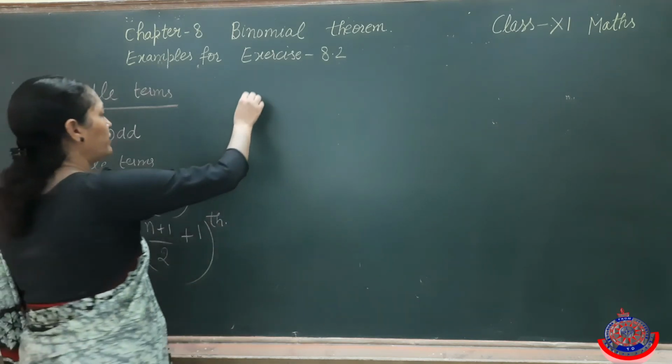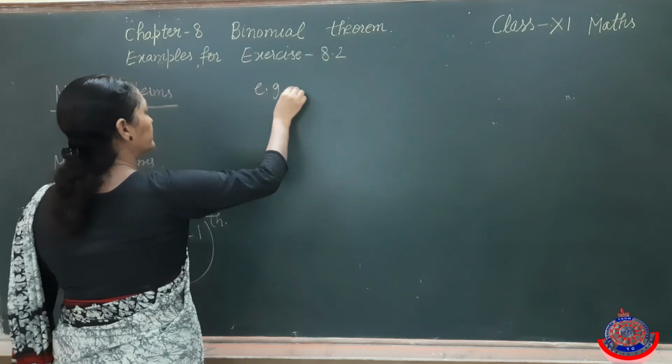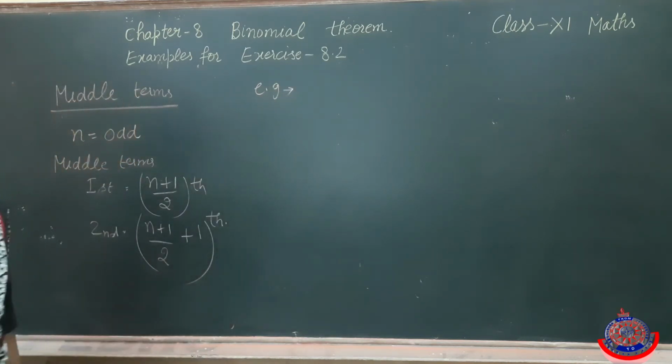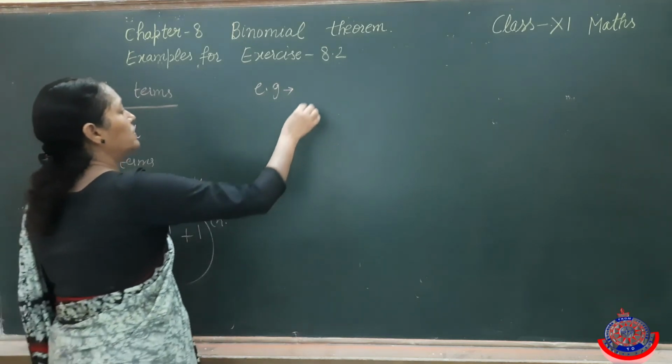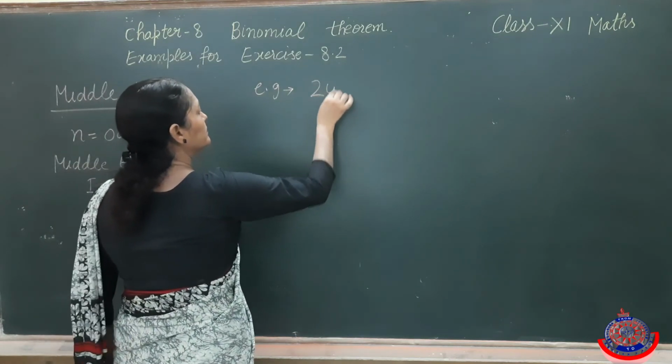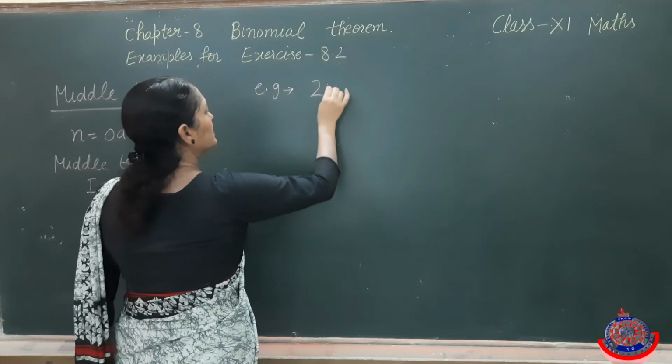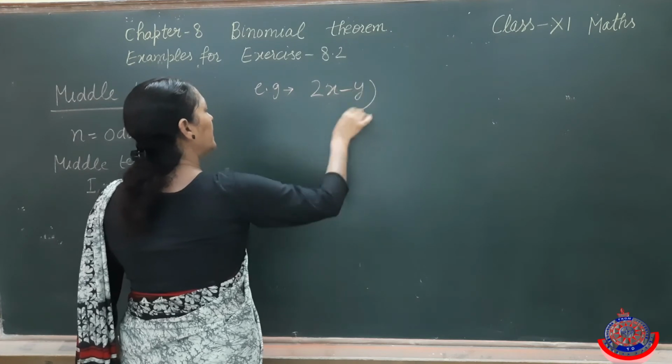In case we have to find the middle term of (x minus y) power 7.